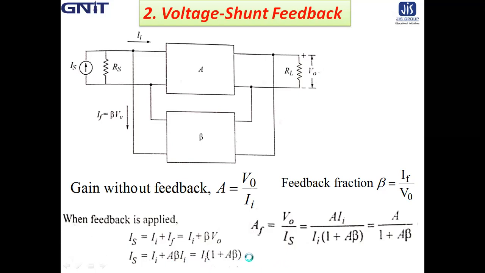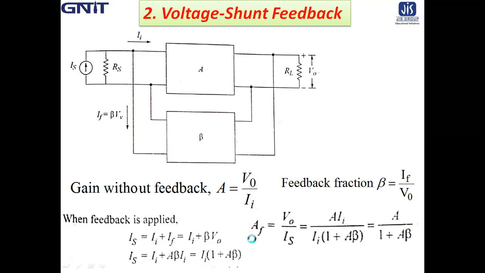So from this expression, the gain with feedback is given by Af equals V0 by Is, which is A Ii by Ii into 1 plus A beta, which is basically A by 1 plus A beta.